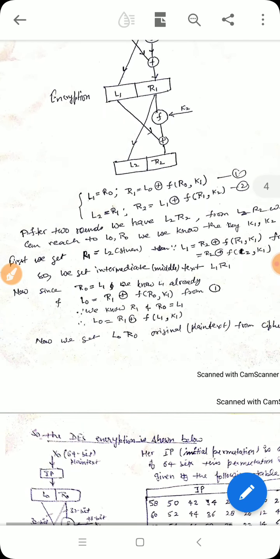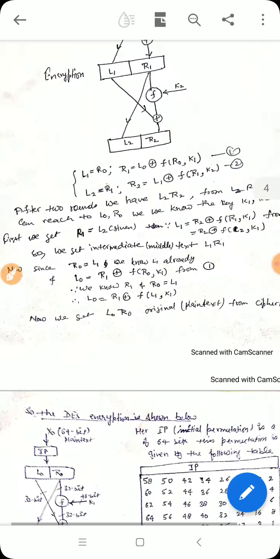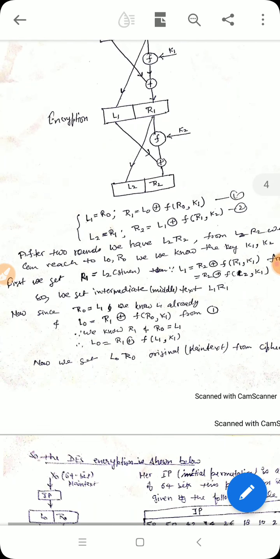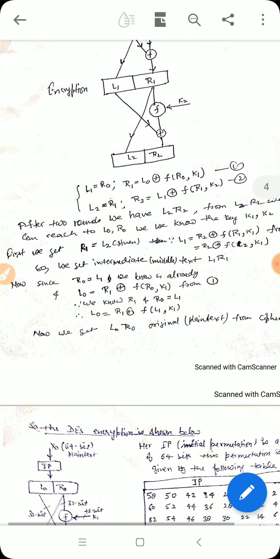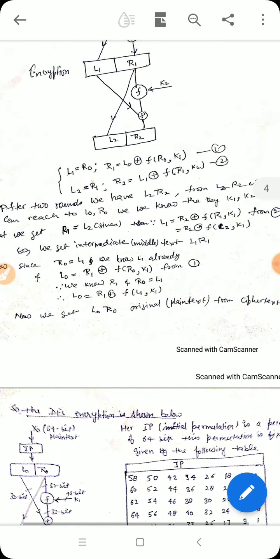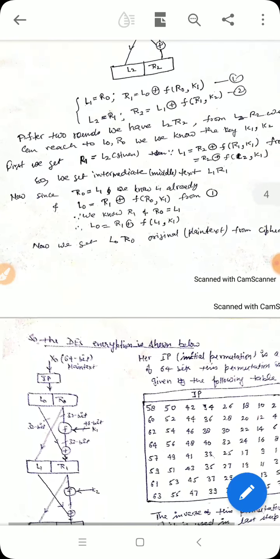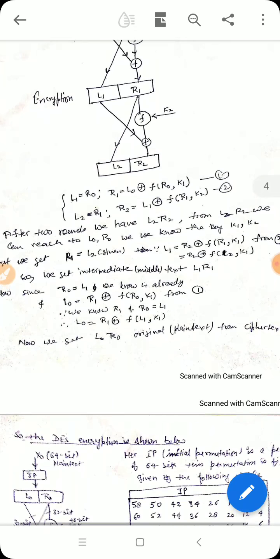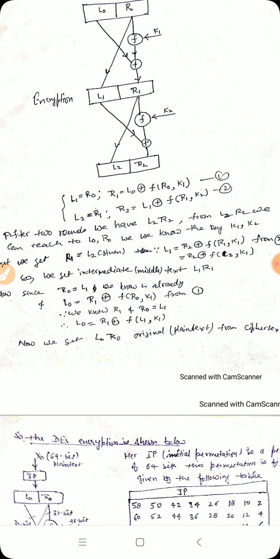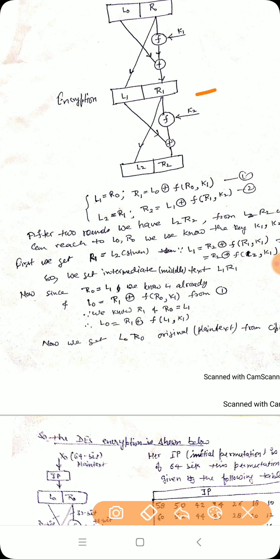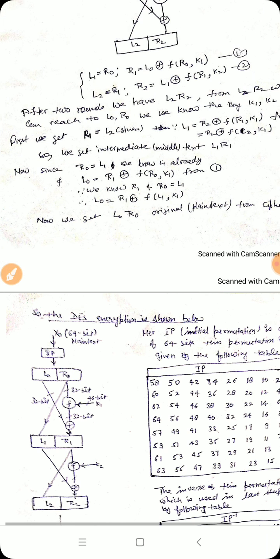So now we want to get the original plain text L0 and R0 from this L2 and R2. First we will get the intermediate text, this L1 and R1, and after that we will get L0 and R0 from this. So the formula is given here.